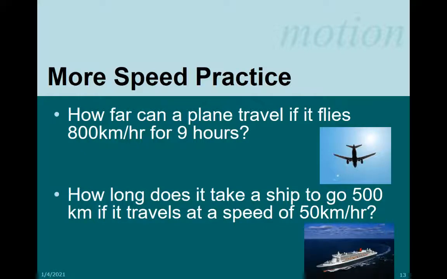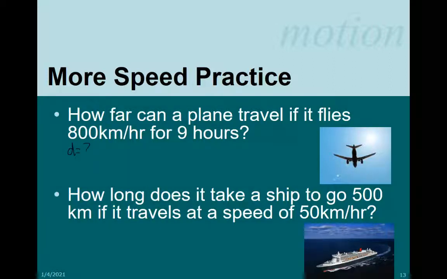Okay, so as I mentioned, we want to write down what we know. So we know right now that we are looking for distance. So d equals something. We have the speed, so I'll put that as v here. We don't have a direction, but I'm still going to use v, 800 kilometers per hour. And we have our time, so t is equal to 9 hours.